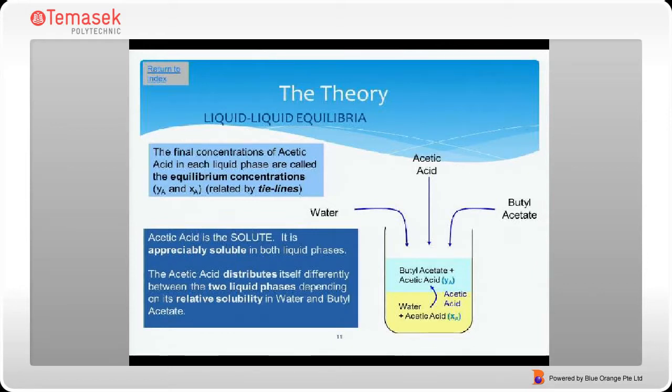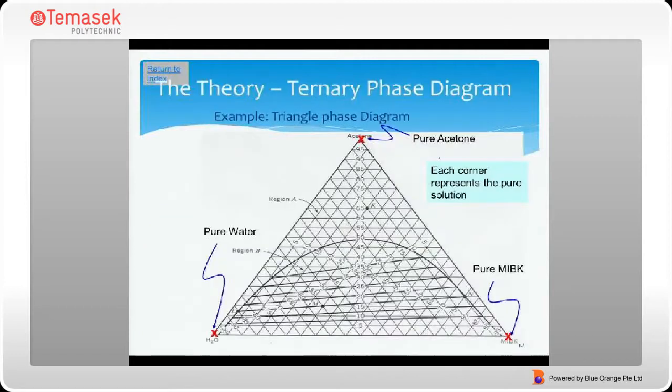Finally, the two phases reach an equilibrium, and the concentrations of each liquid phase are considered to be in equilibrium. So how do we know what the equilibrium concentrations are? To know that, we need to first learn how to read this ternary phase diagram.